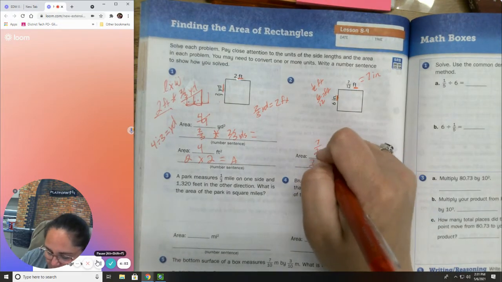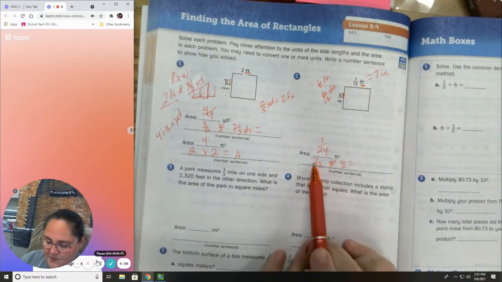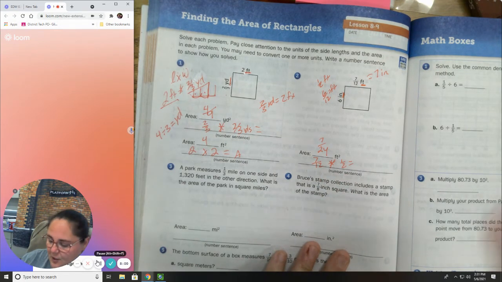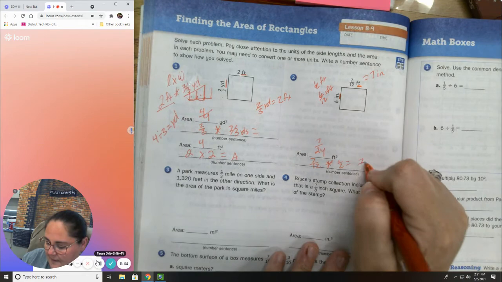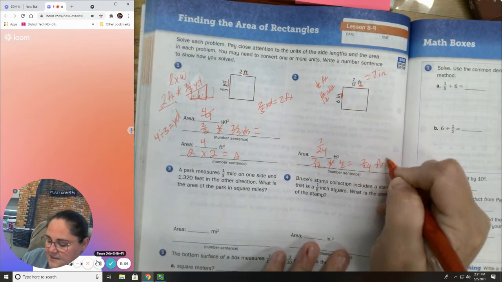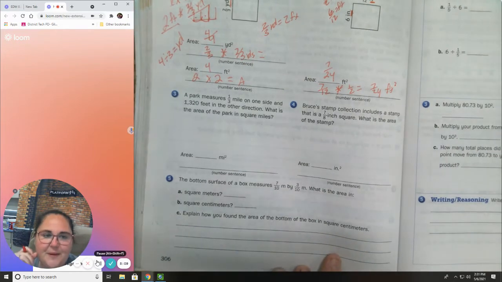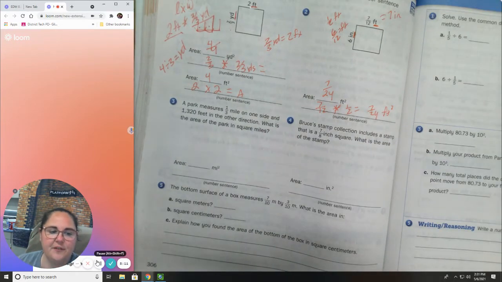Seven 24ths. The way I did that is because 7 times 1 is 7, 12 times 2 is 24. So 7 over 24, and that is feet squared. Awesome. Number 3, it says a park measures 1/3 of a mile on one side.